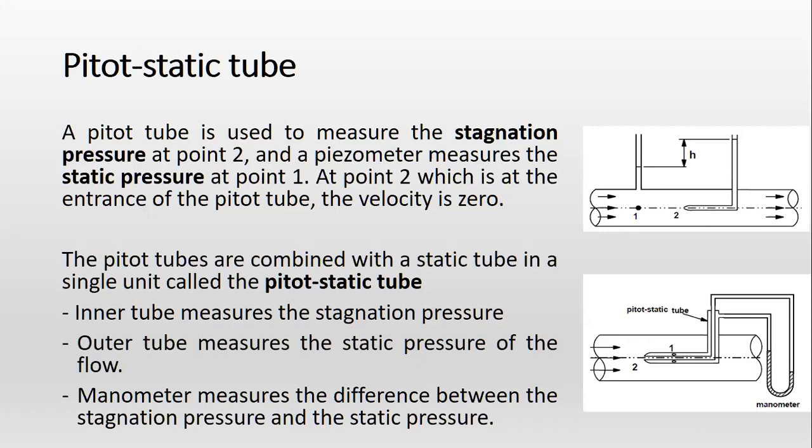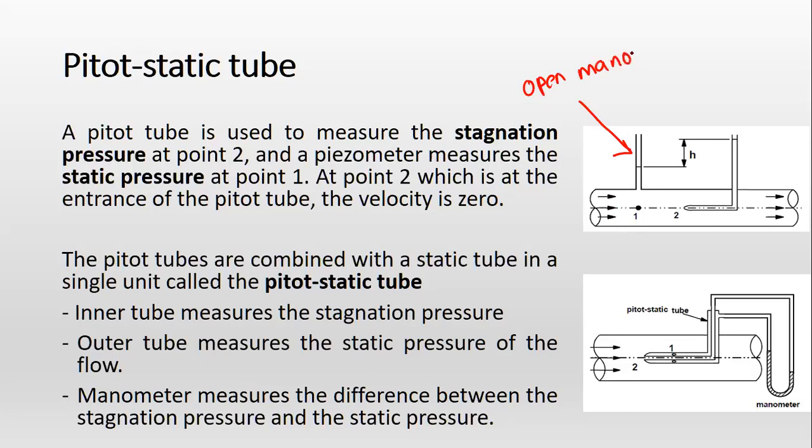So how is it able to do that? One of the important concepts here is that it's able to measure something called the stagnation pressure. So what is the stagnation pressure? If we look at this diagram here, there is a standard open manometer.